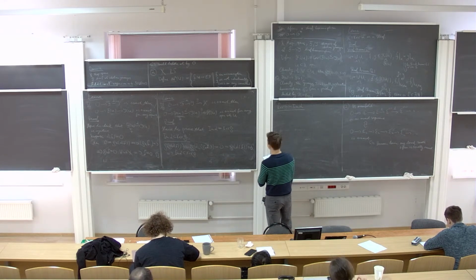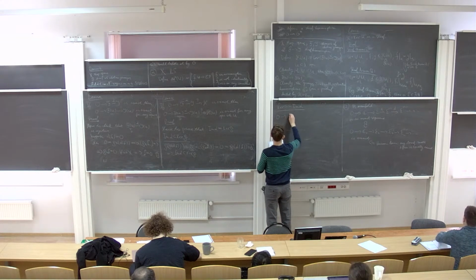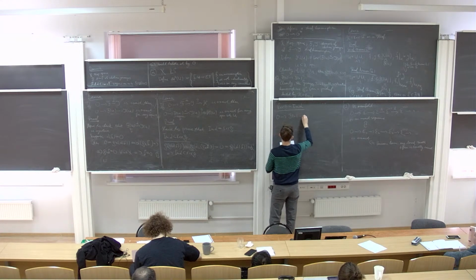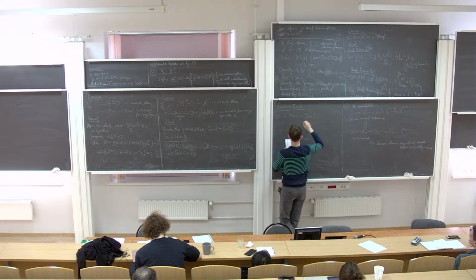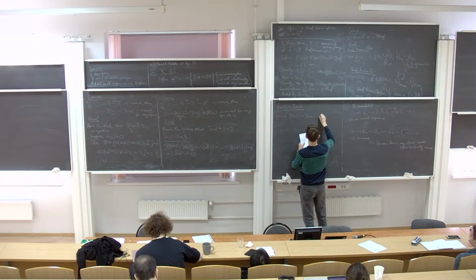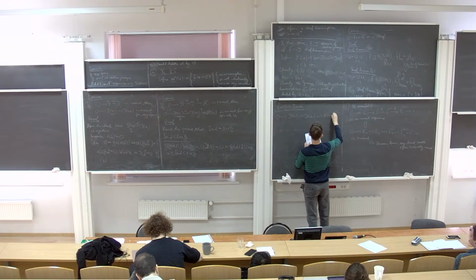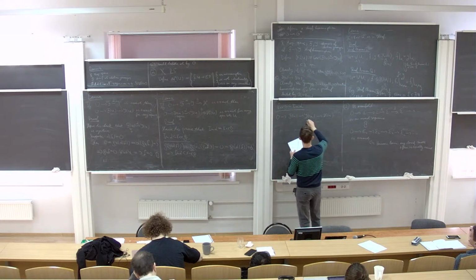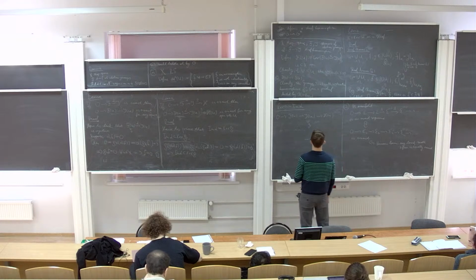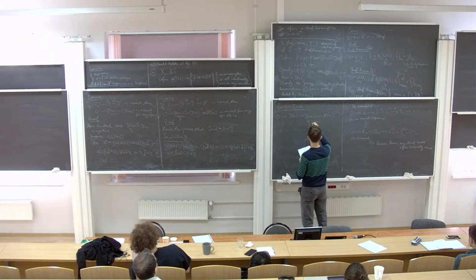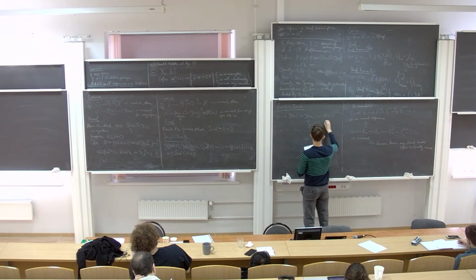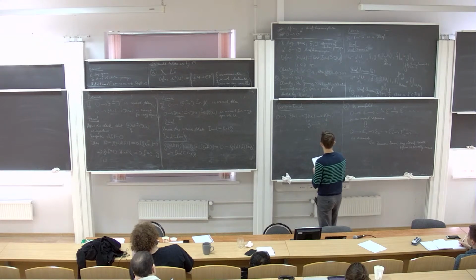We have 0 to F(U) to G(U) to H(U). Here we take some element g, and it goes to 0.